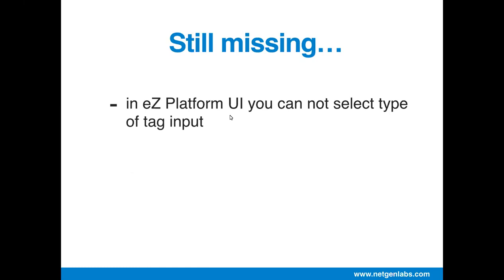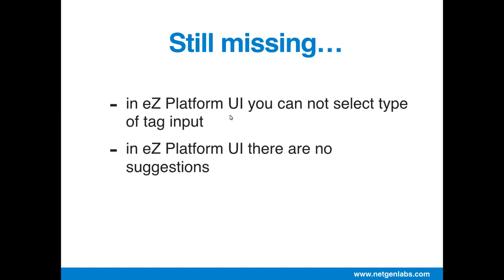The idea is that you can select different input versions when a user adds tags. It can be a usual tagging, just an open field where you add tags, but it could also be a drop-down list, or a multi-selection list, or something custom. So this is something that is still missing in the platform UI.